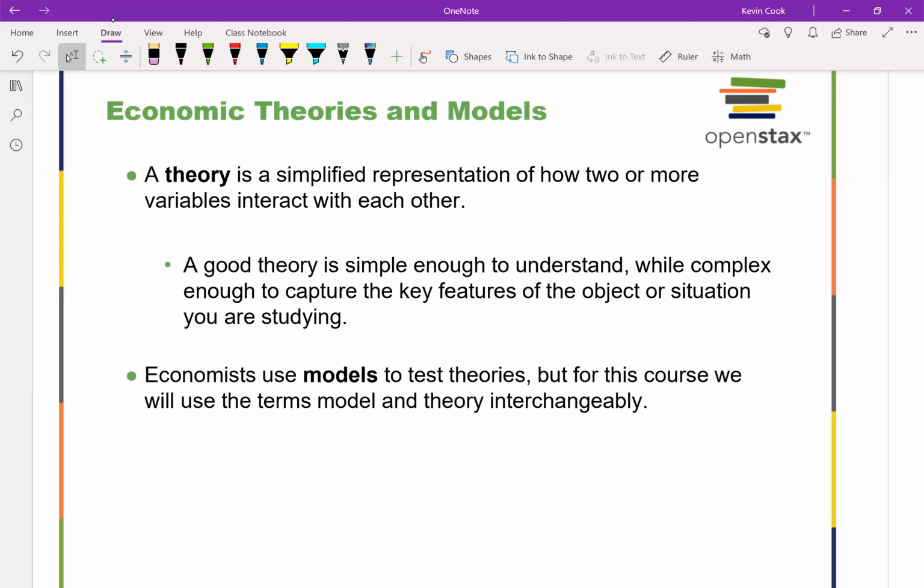So when you think about what makes a theory good, it's that we're able to understand it, so I don't have to spend 5 hours just giving a breakdown of how the theory works. But it captures what's going on.